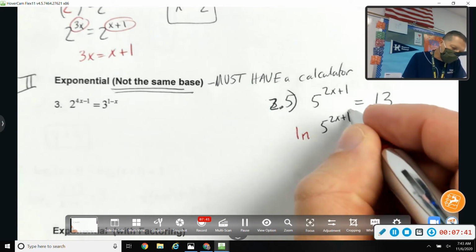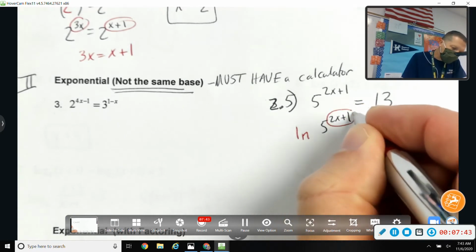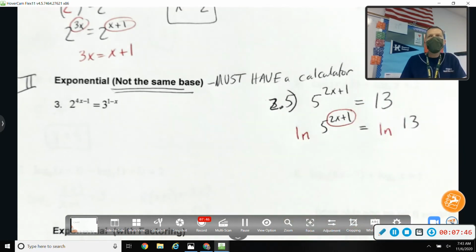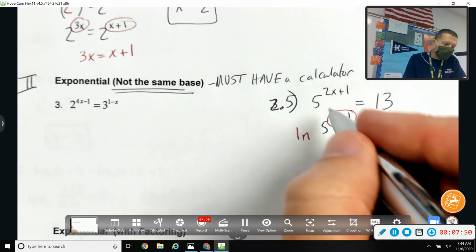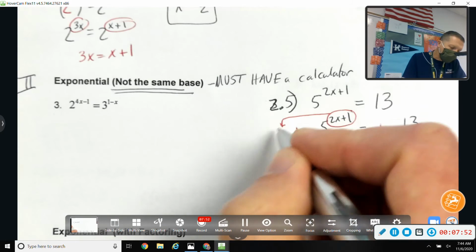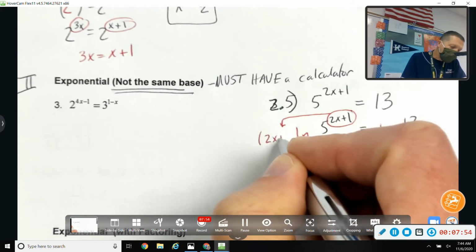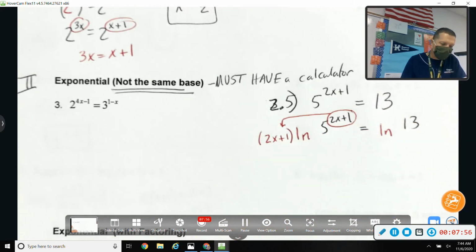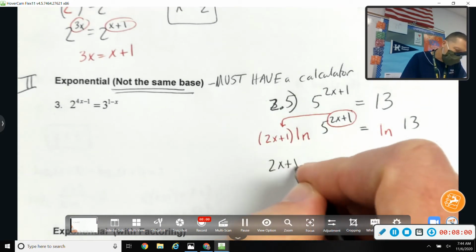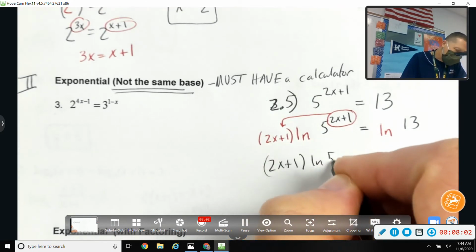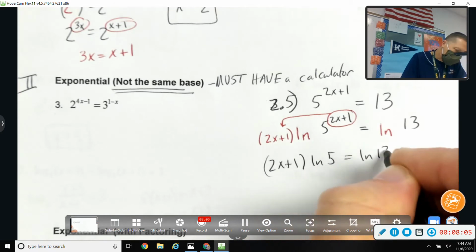What can I do with 2x plus 1 now? I don't want to fish hook it, but I can put the 2x plus 1 in front. And so then I don't even have an exponent problem anymore. Right?